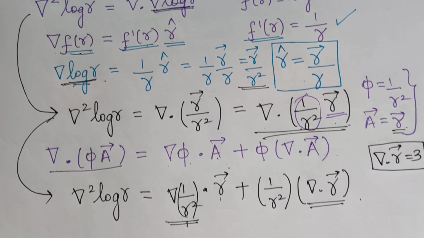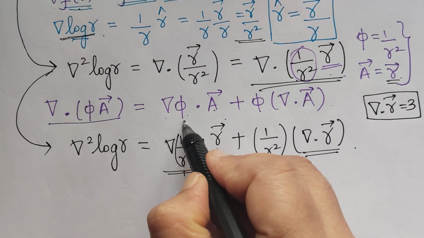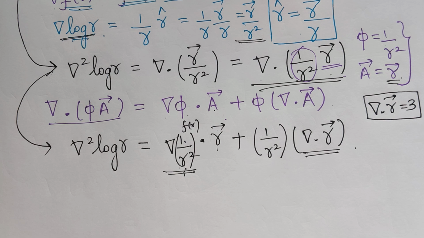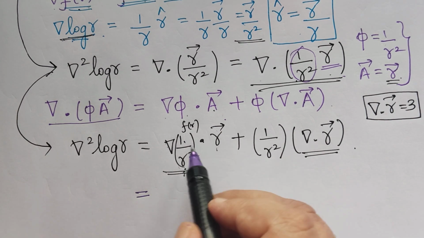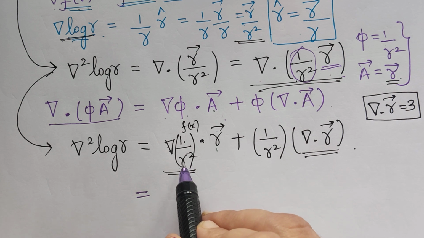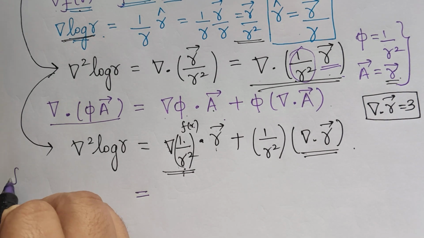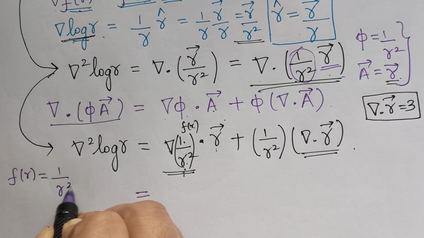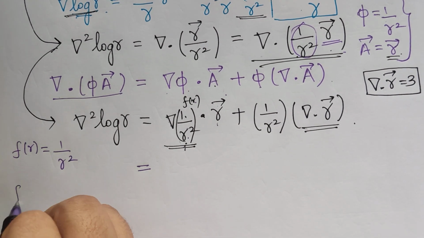Here f of r will be equal to 1 by r square. What will be f dash of r?